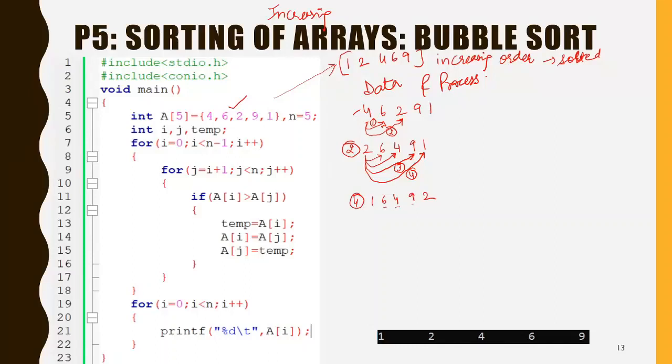Only 1 and 2 are interchanged with each other. So this completes that the first element has been compared with all others, and this fourth step has ensured that the smallest element has jumped out to the first position.